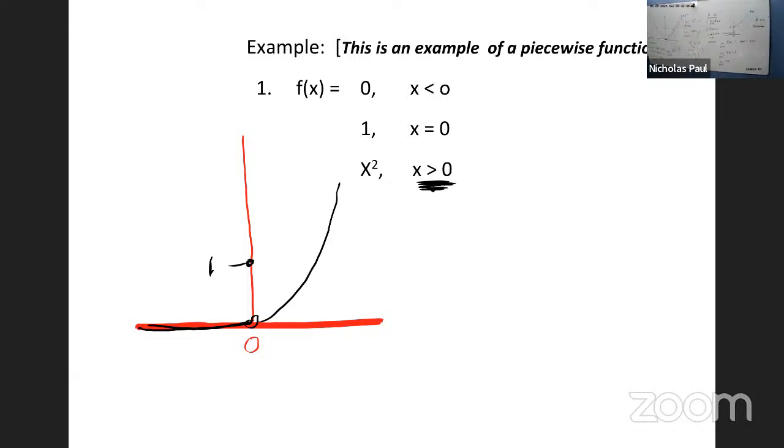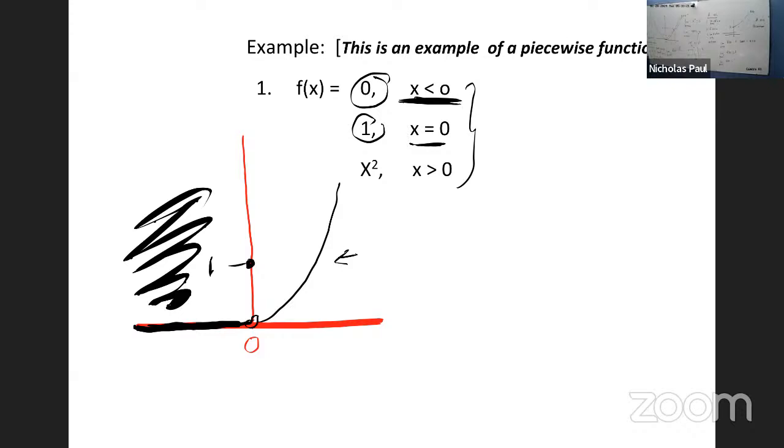Draw it, please, because we're going to use it in our example now. Write it down and draw it. Just follow what I did. When it's less than 0, it's always 0, so I draw a line on the x-axis. When it's equal to 0, it's a singular point, so I drew a solid circle at the point 1. When it's more than 0, I drew the x squared function. Notice there's no x squared on this side, only on the right side. I made sure to highlight that x equals 0 is not included there.